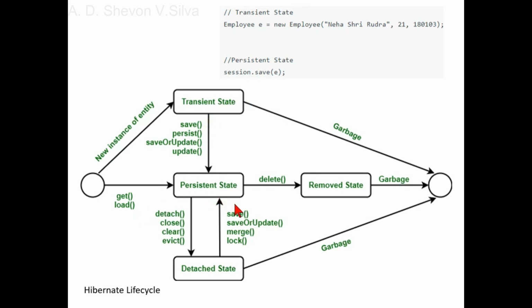In this state, each object represents 1 row in the database table. Therefore, if we make any changes in the data, then Hibernate will detect these changes and make changes in the database table.